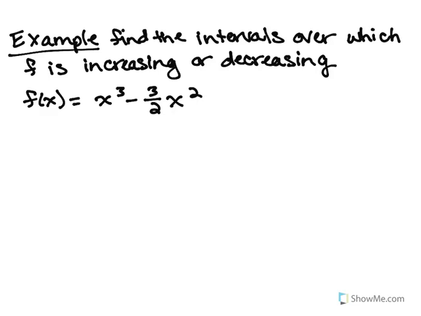Find the intervals over which f is increasing or decreasing. So I have my function. I want to find the critical numbers. I do that by finding the derivative. So the derivative of x cubed is 3x squared. The derivative of negative 3/2 x squared, well, 2 is going to come out front and simplify with the 2 that's in the denominator. So I'm just going to get minus 3x.